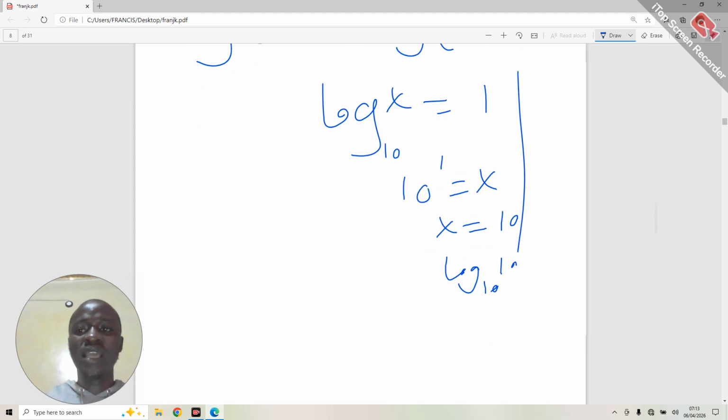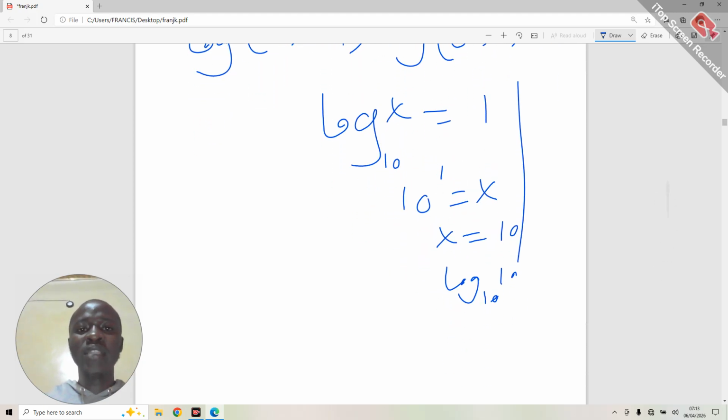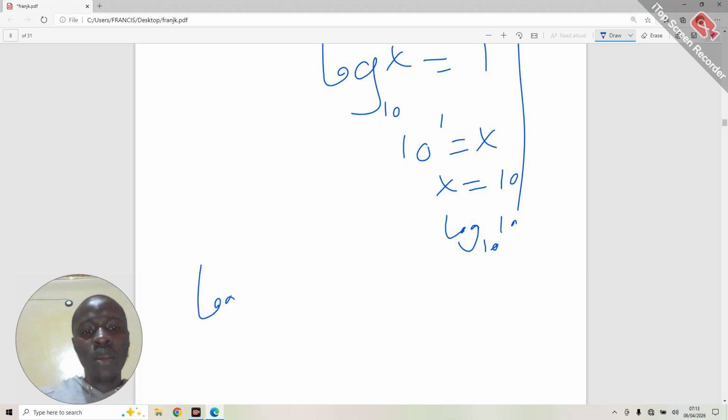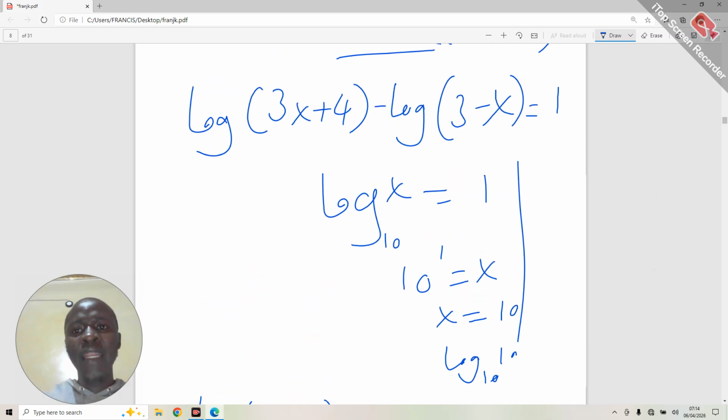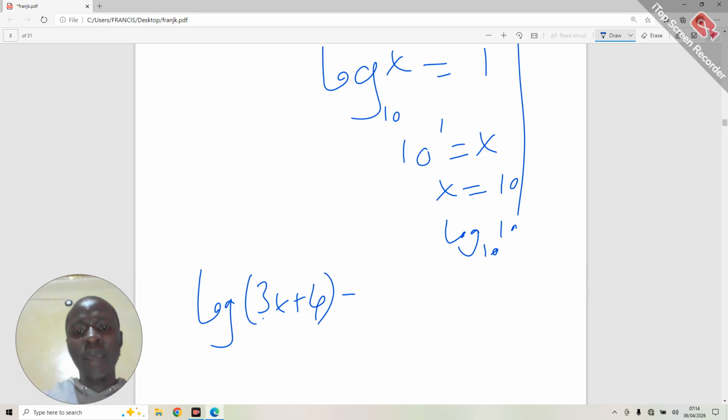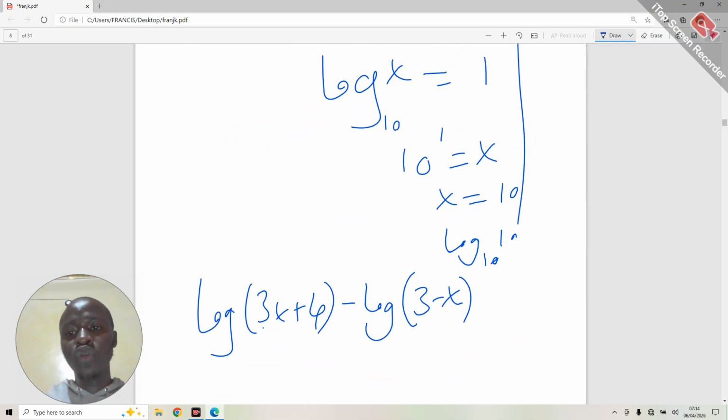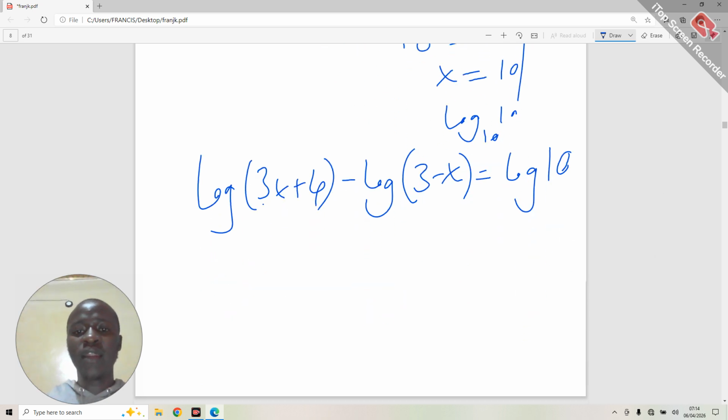Very much easier. So log of 3x plus 4 minus log of bracket 3 minus x is equal to what? Instead of now writing 1, we write log 10.